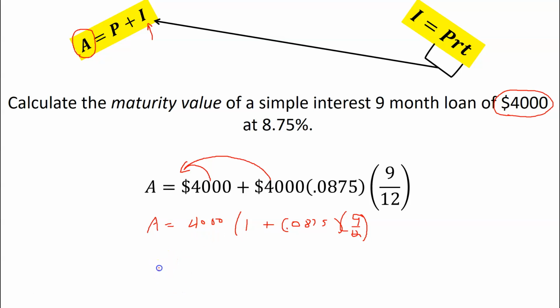Or as a formula, you're going to see this: principal times 1 plus rate times time.